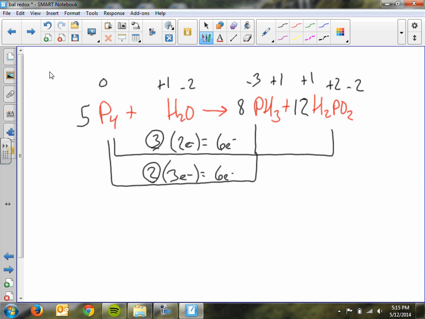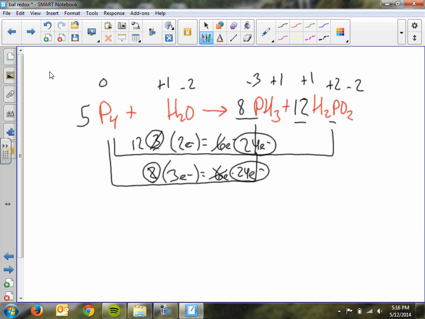So I currently have 8 of these phosphoruses right here instead of 2. Well, 8 times 3 is 24 electrons. These phosphoruses, there are 12 of them. So instead of 3, I actually have 12. Well, 12 times 2 is also 24 electrons. So I think my electrons are balanced.